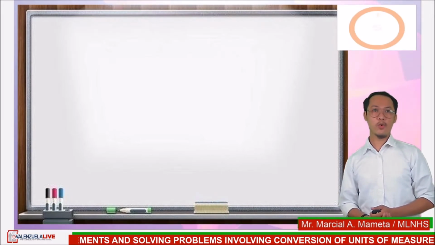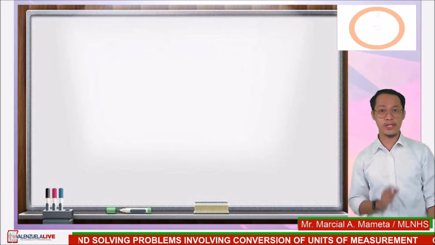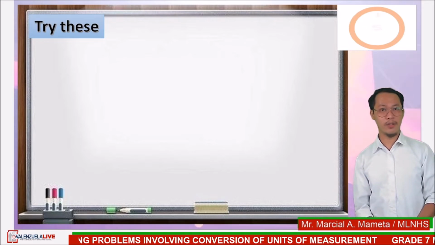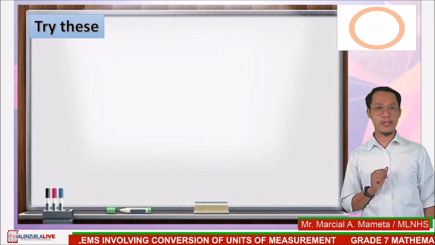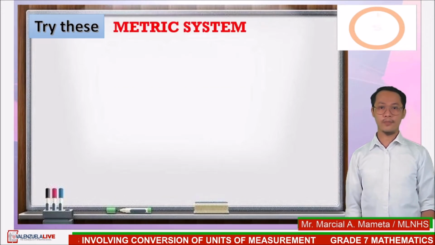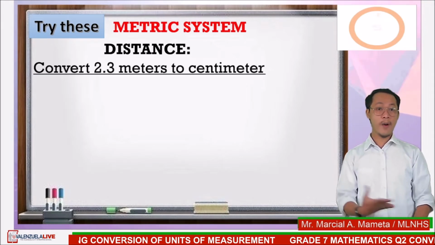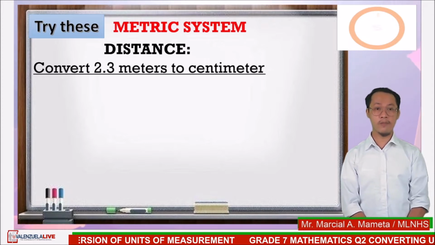Before we proceed to our next lesson, let us have some activity about conversion of units. Try this. Hit the reaction button below for your answer. Every question has only 5 seconds. Okay, let's start. First one is the metric system. About distance, let us try to convert 2.3 meters to centimeters.